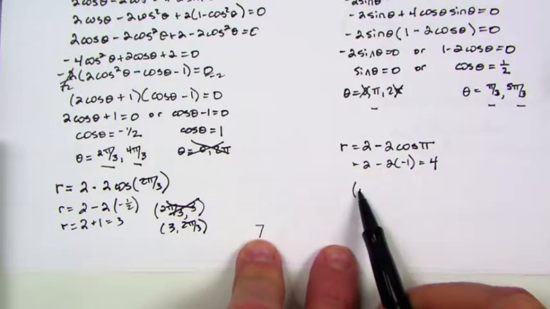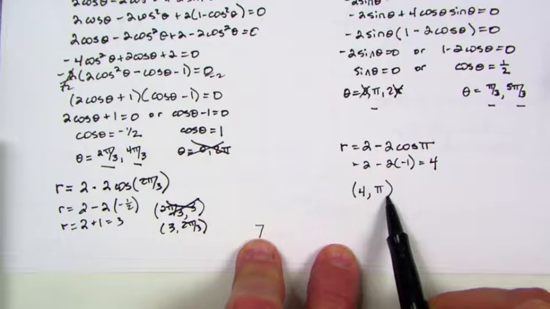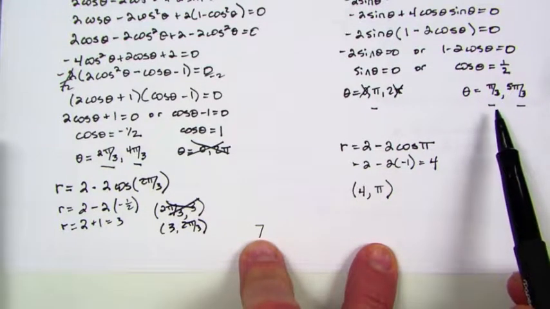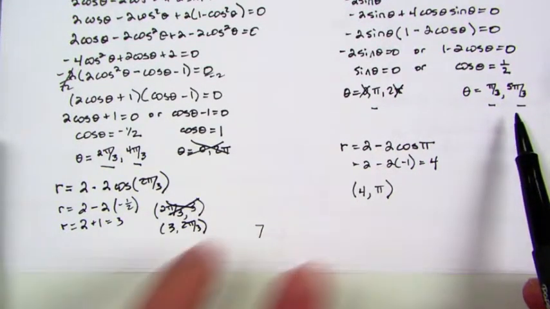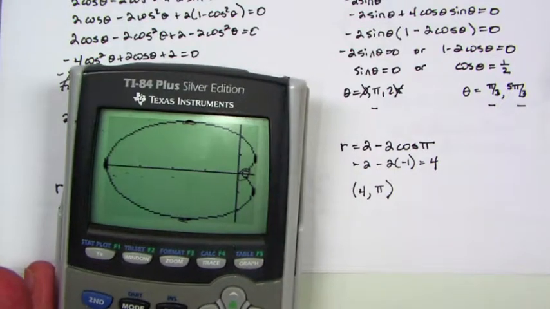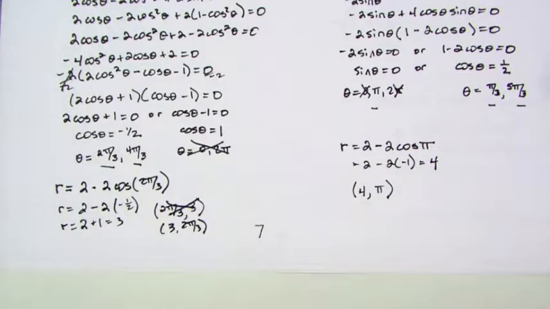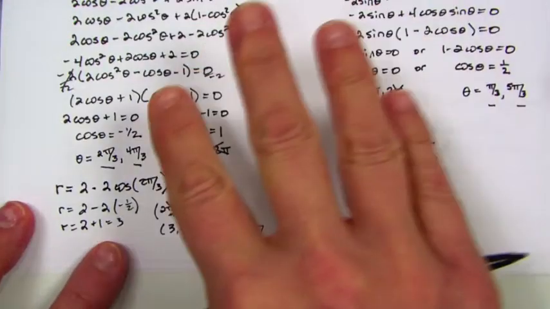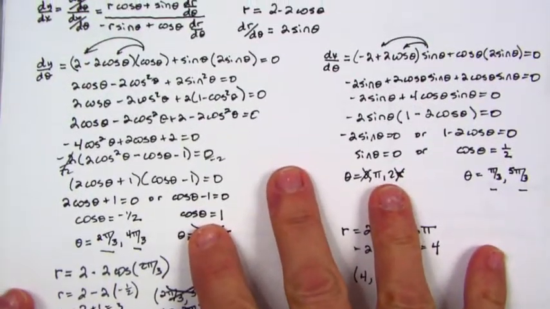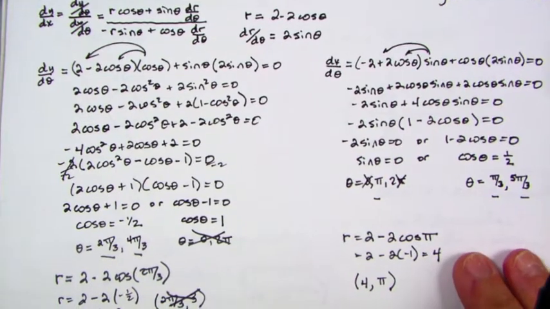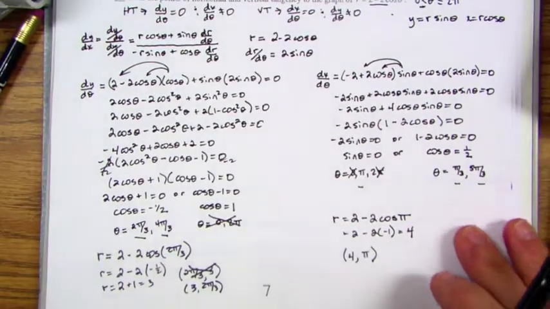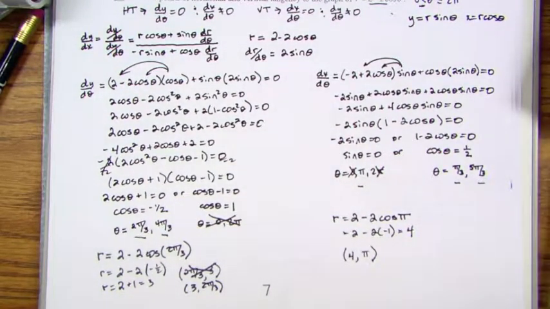Over here, I just found 4, pi, and then I would do the same for pi thirds and 5 pi thirds, and you should be able to go back to the graph and make sense of all of those things. So that's the way to approach a problem like this one, and clearly there's a lot going on there. So try those last problems in your homework, and we'll get started on some area tomorrow.